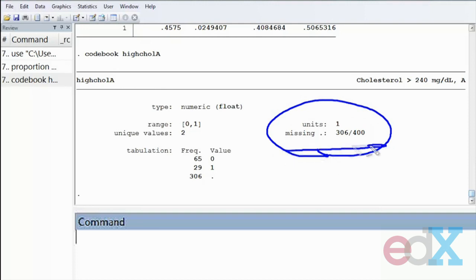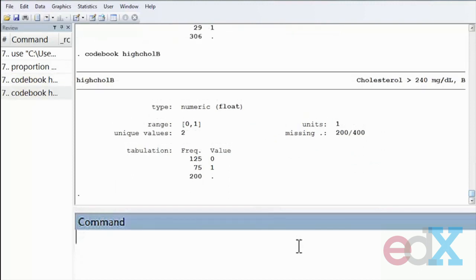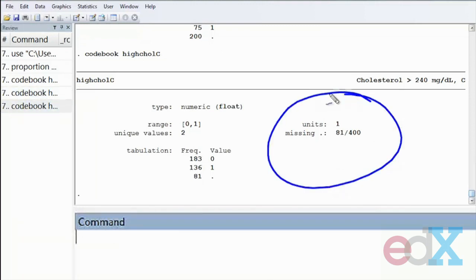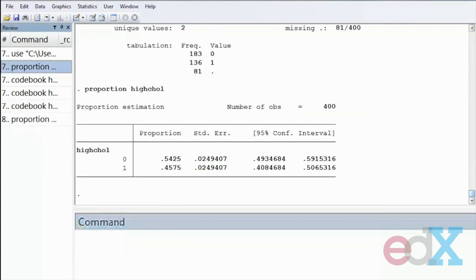High chol A is actually the high missingness scenario. In scenario B, we have 200 missing observations. And in scenario C, we have 81 missing observations. And remember, we expect missingness to be correlated with high cholesterol.